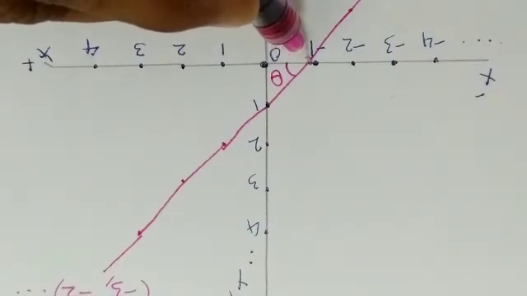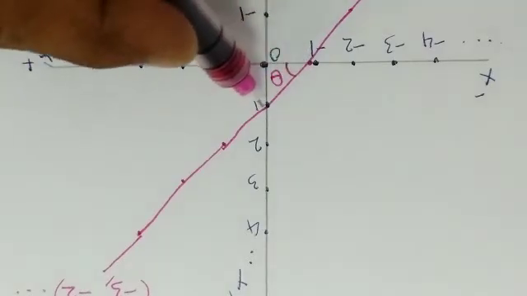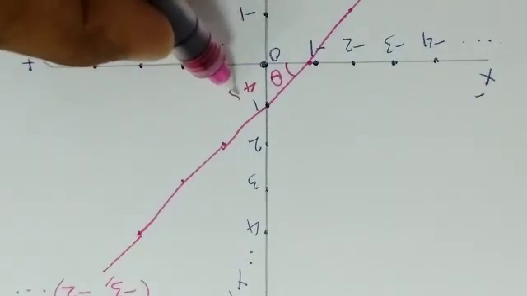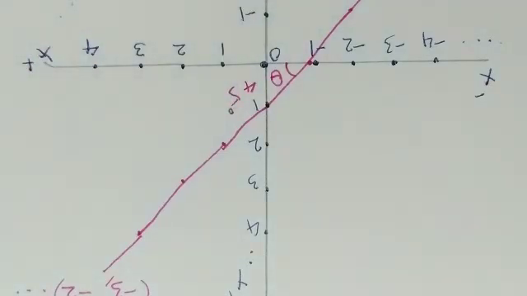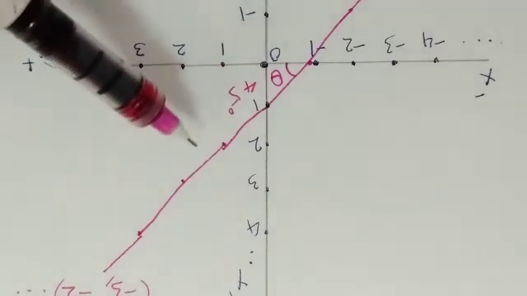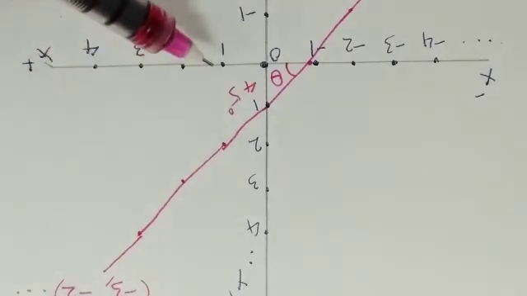If you place a protractor here and identify the angle, you will get 45 degrees definitely. It is very clear that inclination is an angle between a line and the x-axis.